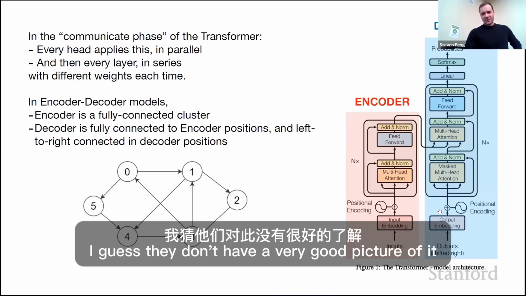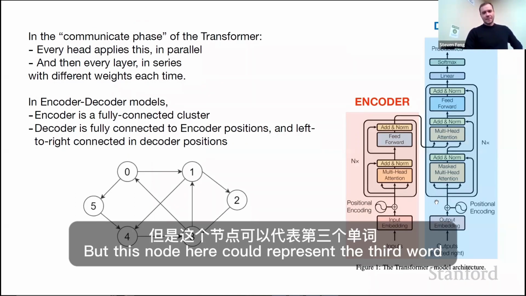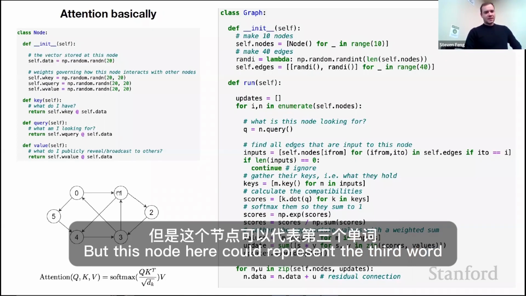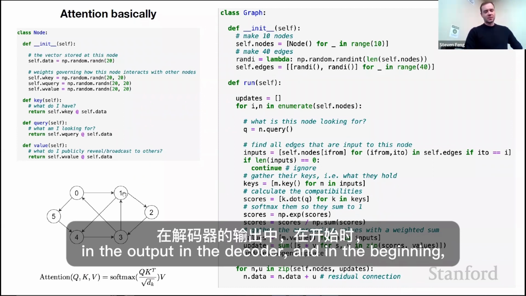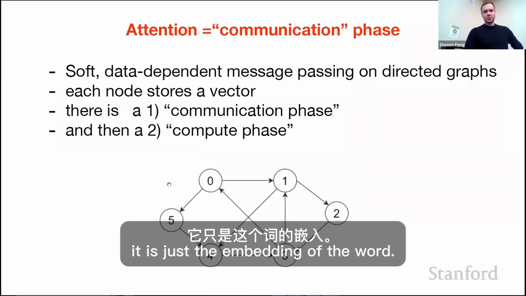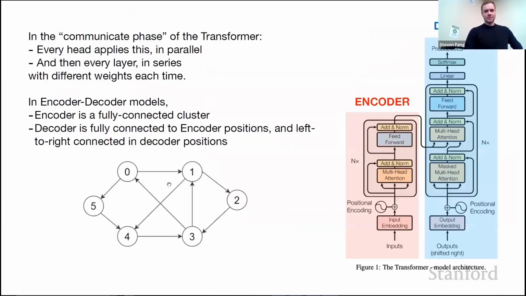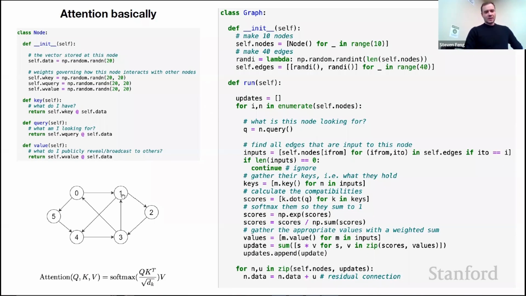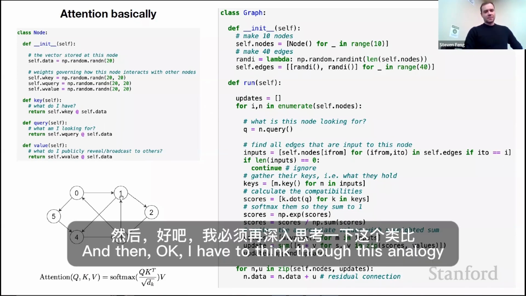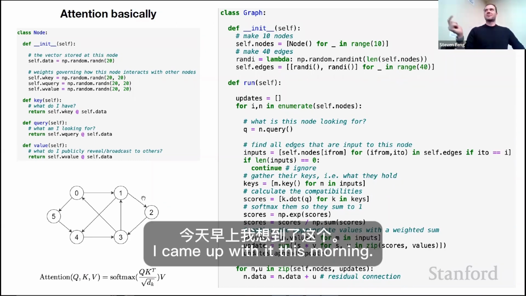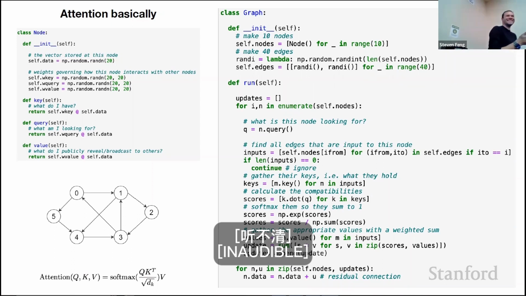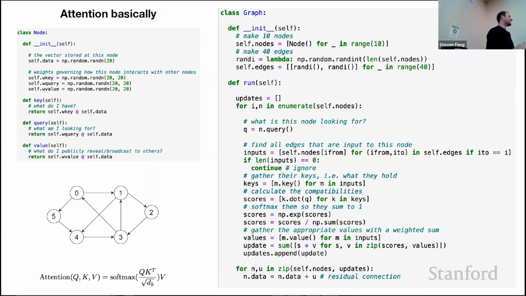I don't have a very good picture of it in the transformer, but this node here could represent the third word in the output in the decoder. And in the beginning, it is just the embedding of the word. And then, okay, I have to think through this analogy a little bit more. I came up with it this morning. Actually, I came up with it yesterday.